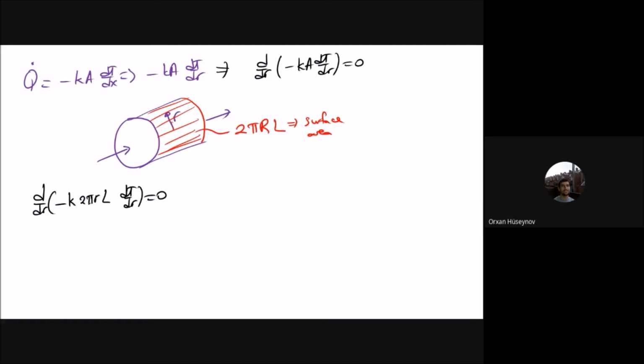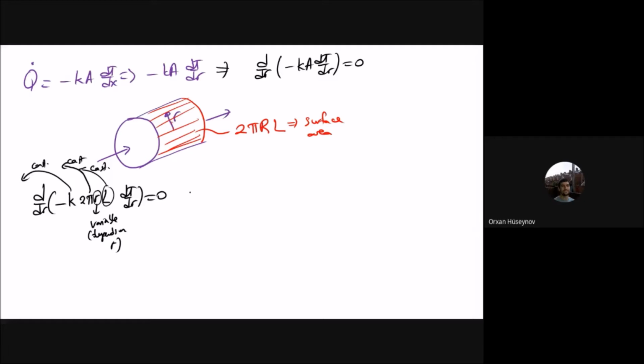But as you can notice, the r coordinate here depends on the radial dr coordinate. And you can just integrate these quantities here, so let's do it. So let's first define that K is constant here, and the 2 pi is constant, but the r value is variable and depends on r. Okay, and the L is constant here, and dT by dr is, again, variable.